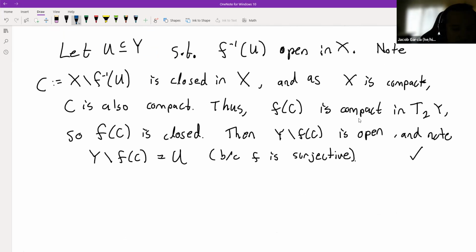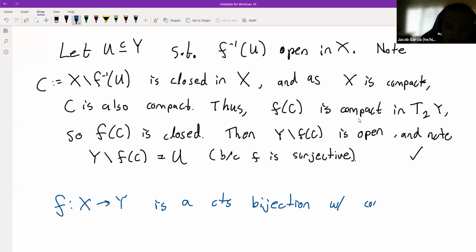But there's this theorem, stated in part A, which is actually used all the time: if f from X to Y is a continuous bijection with compact X and T2 Y, then f is a homeomorphism.